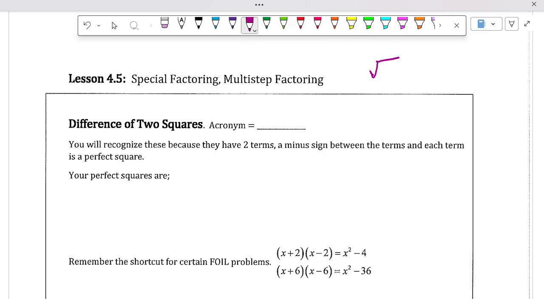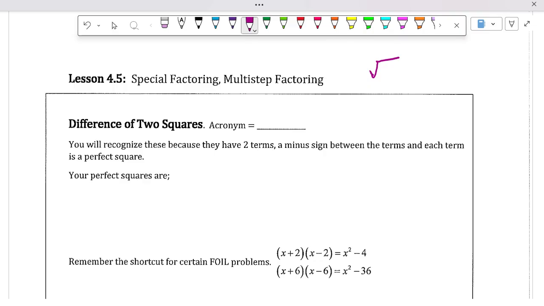Okay, just for reference, perfect squares: 1, 4, 9, 16, 25, 36, 49, 64, 81, 100. What do they all have in common? If I take the square root of those numbers, what would you get? What's the square root of 4?